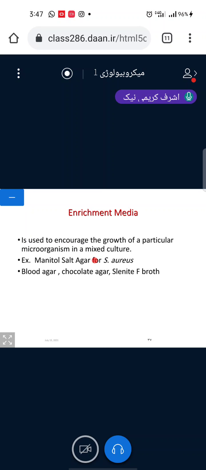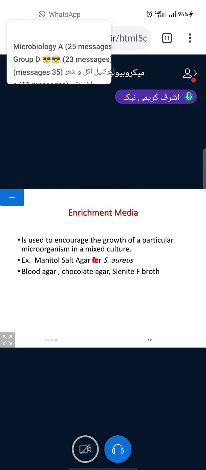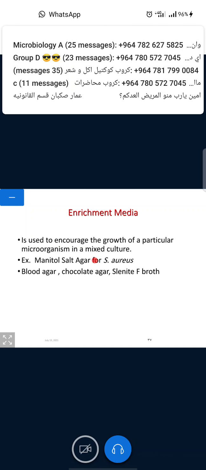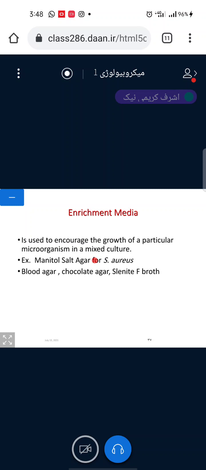Enriched media, with high nutrients, is used to encourage the growth of particular microorganisms in a mixed culture. Some bacteria are fastidious, or they need many nutrients for growth, and we must grow these bacteria in enrichment media.